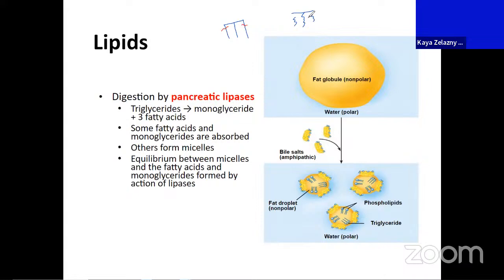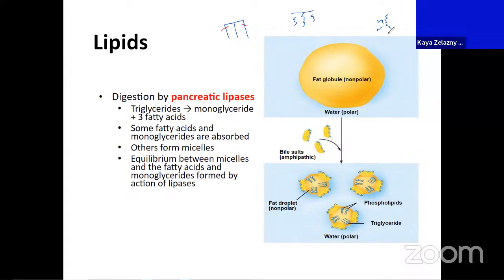So one thing we can end up with is our phospholipid bilayer. A micelle is where we just have all the tails facing in, right? So that's kind of what a micelle would look like.